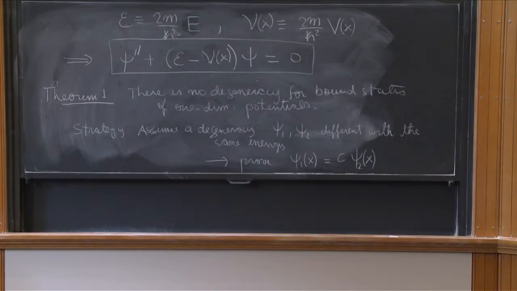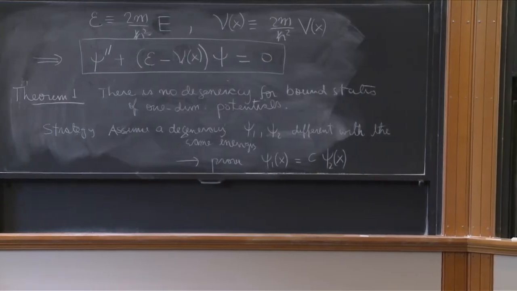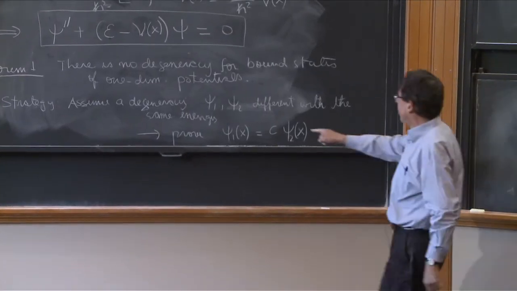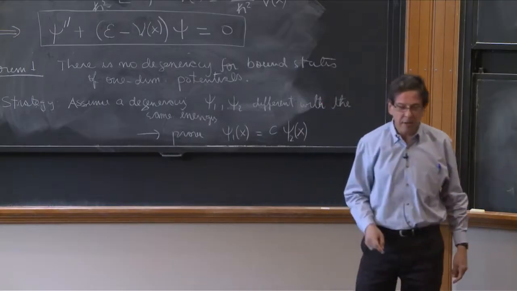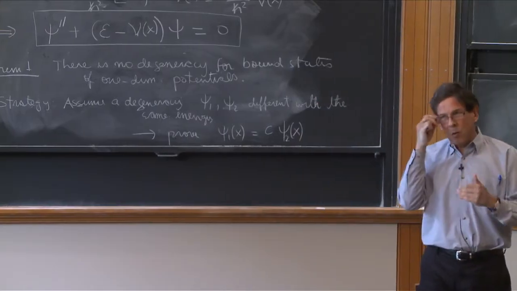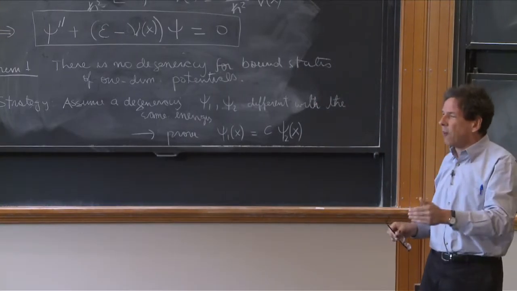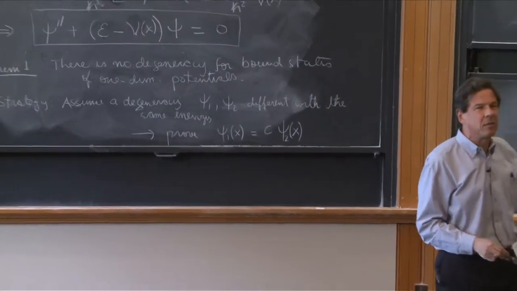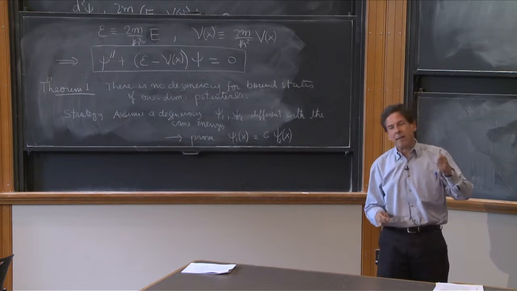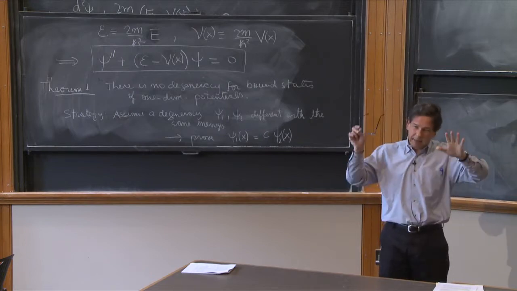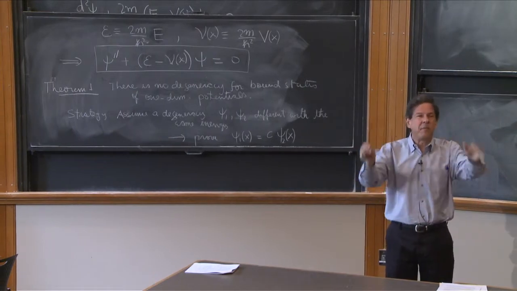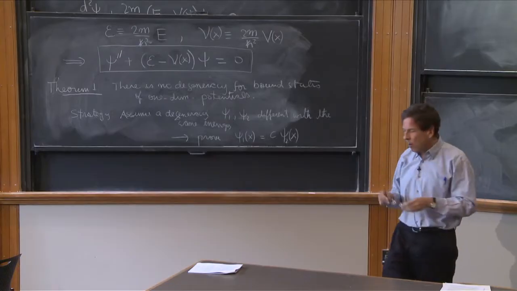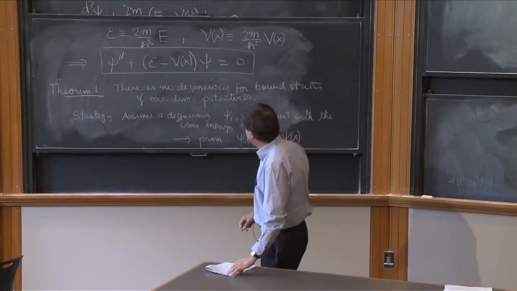So you do the work, and that's what comes out. Once you've shown that one is proportional to the other, we've declared in quantum mechanics that two wave functions that differ by a constant have exactly the same physics. You can normalize them, and the constant could be just a phase, but the phase doesn't matter. So those two wave functions are really the same.